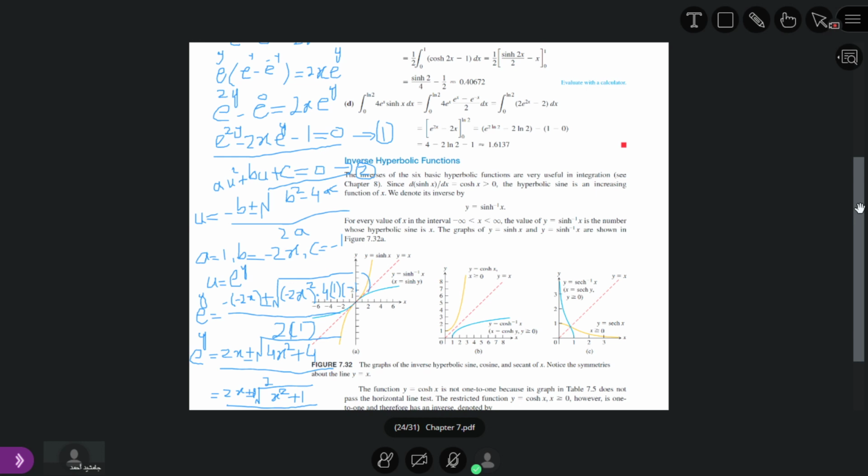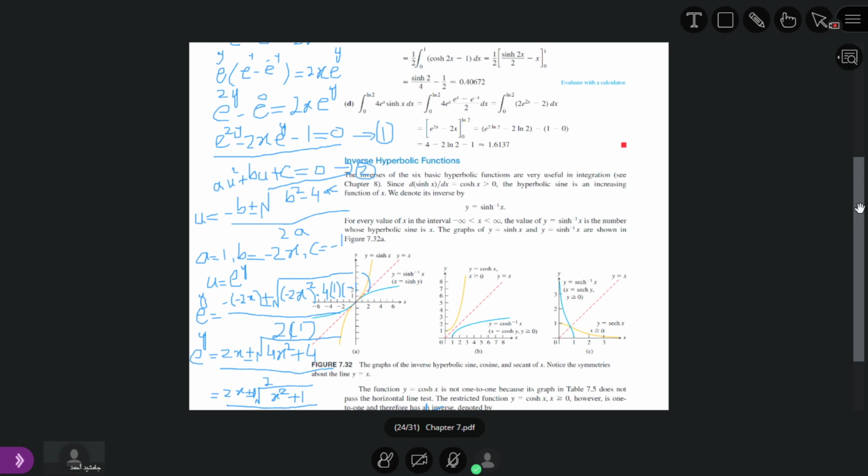Now square root of 5 is greater than 2. So that is why, for x minus square root of x square plus 1, e power y is always positive, but x minus square root of x square plus 1 can be negative.